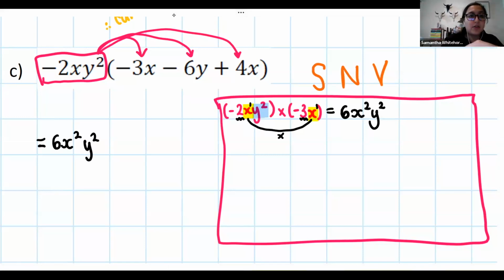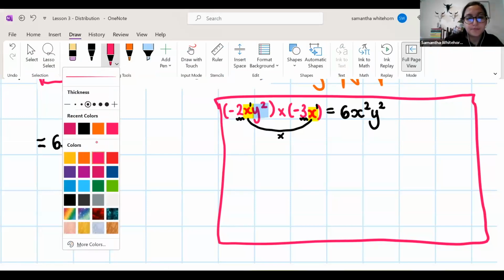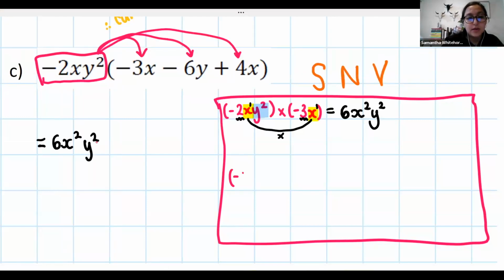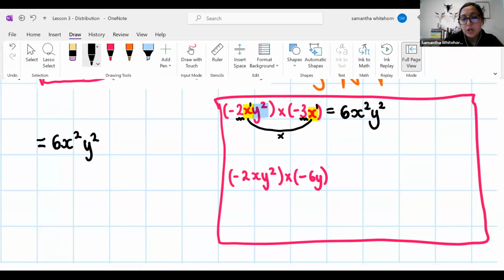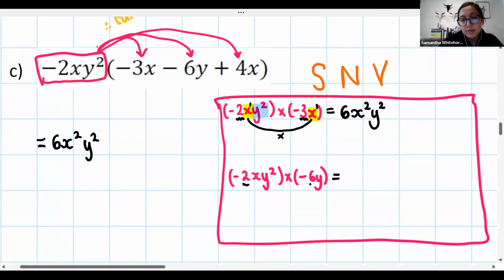Then I need to have a look at my second product. My second product that I'm working with is the minus 2xy squared times minus 6y. So we do the same thing: signs, numbers, variables. Negative times a negative is a positive. 2 times 6 is 12.